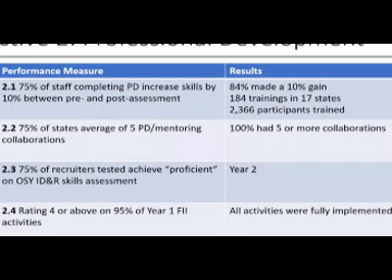As you are doing professional development, those surveys are coming in, and we'll look at that survey in a bit. 2.2, 75% of states will average 5 PD or mentoring collaborations. Those collaborations are recorded on the Director Coordinator Survey, and we had everybody last year completing at least those 5 collaborations. Most states had many more.